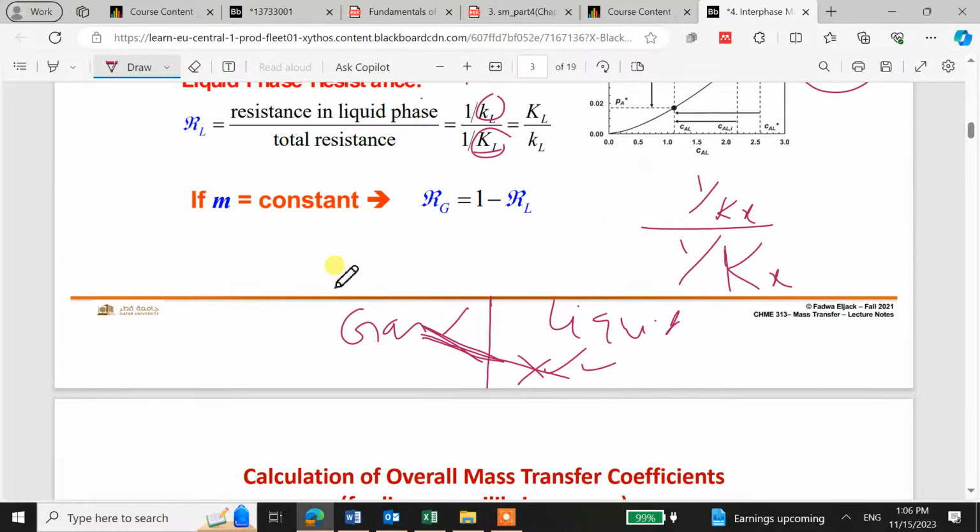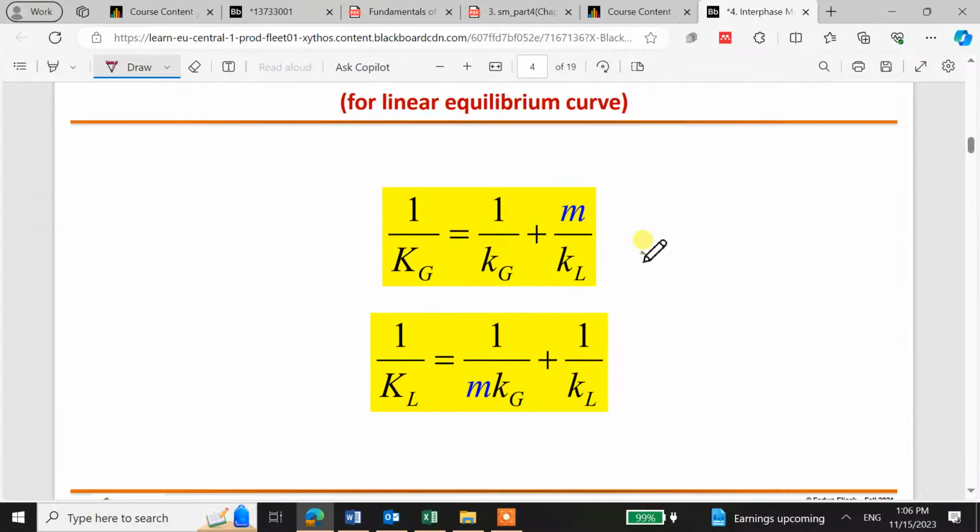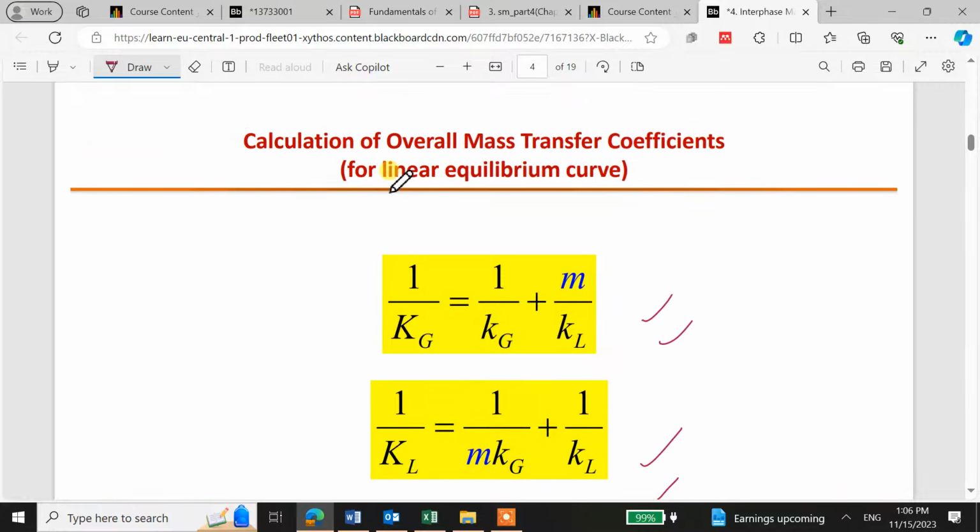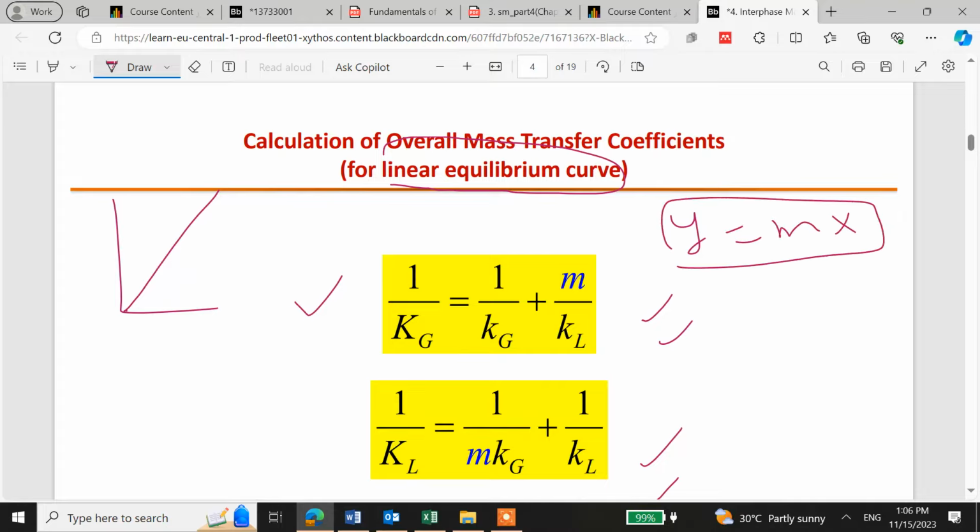Now this relation is also very important: the linear equilibrium relation. These equations are true for a linear equilibrium relation. If the graph is linear, we have y equals mx, or pA equals m cA.